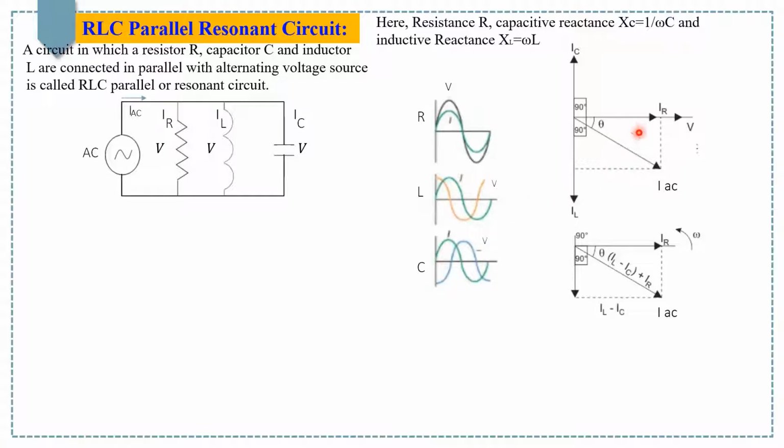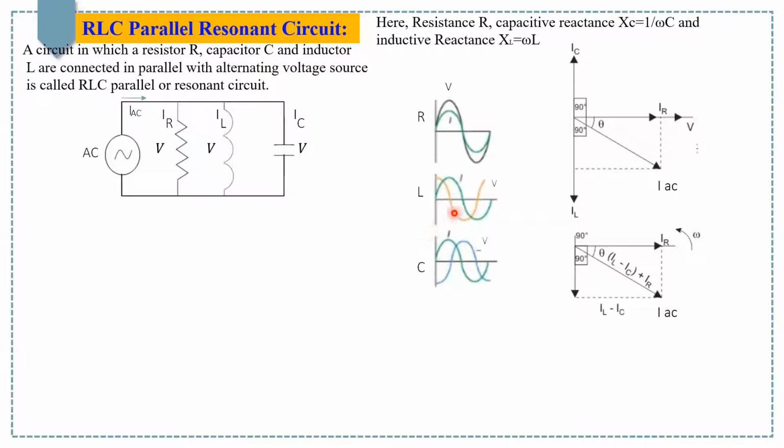Here is a phasor diagram in which voltage is taken as a reference because voltage is same in all three elements. As voltage and current are in same phase in case of resistor, so we draw I_R in the direction of voltage.